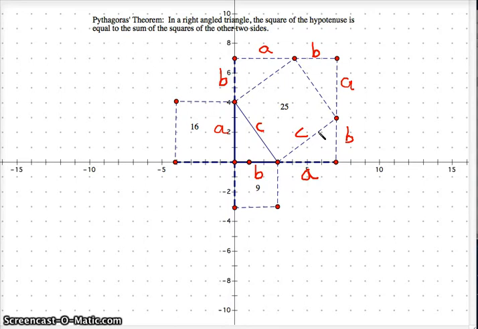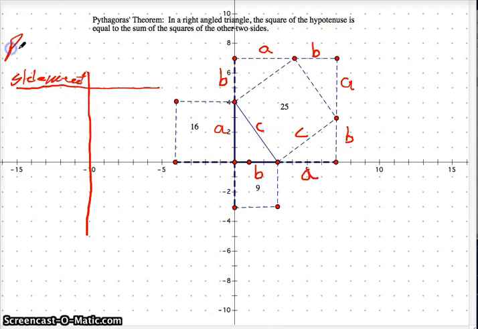So I'm going to draw a little line over here, and we'll make some statements. First, what we want to do is prove that c squared is equal to a squared plus b squared.